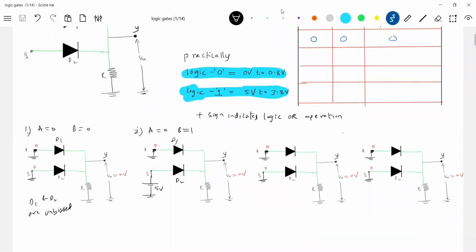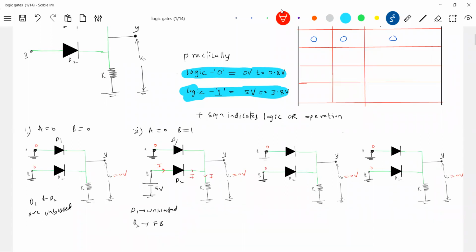What should be the output voltage of that one? Now if this is forward biased, a current will flow. So what is the state of this? D1 is unbiased, D2 is forward biased. If D2 is forward biased, a current will flow. This current will flow like this and it will flow here.